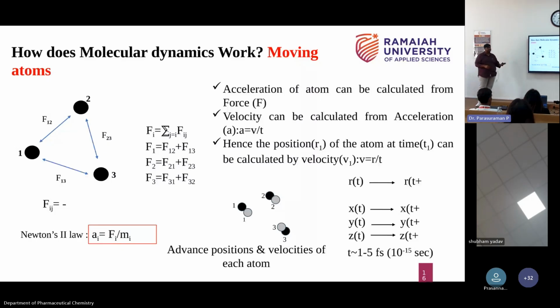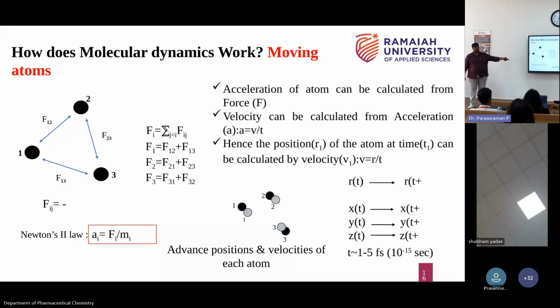To summarize, what happens in molecular dynamics steps? First, we'll have a model, with the atoms in their initial positions. We'll be calculating the force, the acceleration, and the velocity, and then the atom moves to a different position. Here, for example, you can consider the black one as the initial position and gray as having moved to another position.